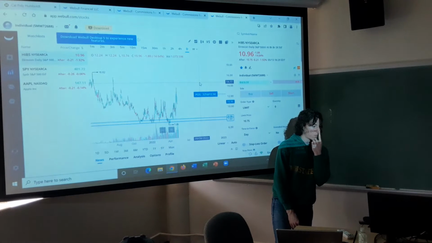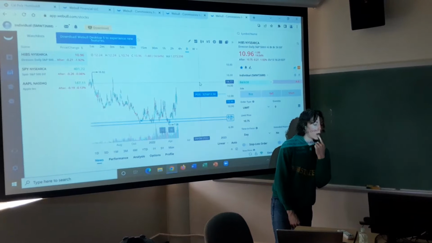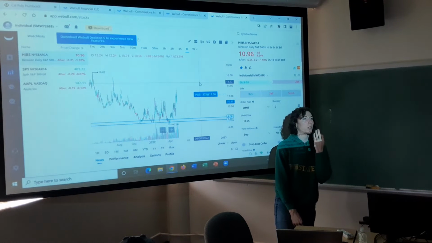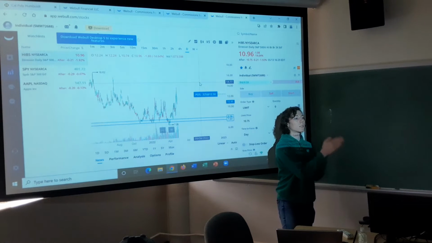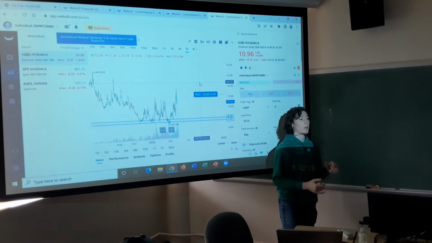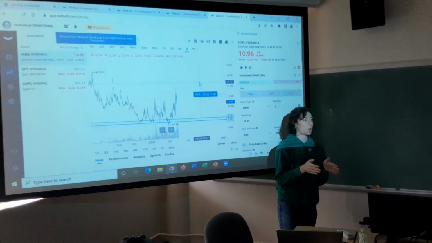Not only for how much it goes up when things go down, but also for the security we can have, a reference point for when I should start selling out of HIBs.